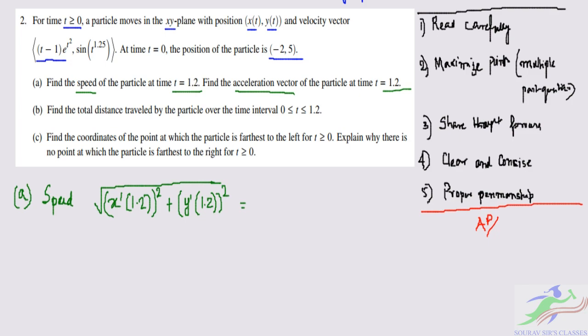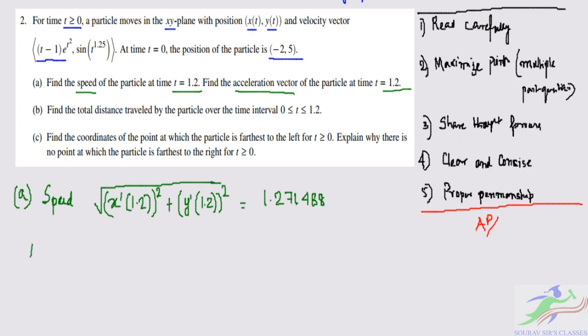This value at time t equal to 1.2 comes out to 1.271488.